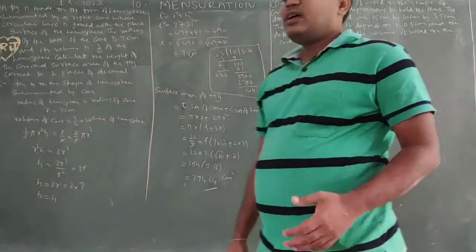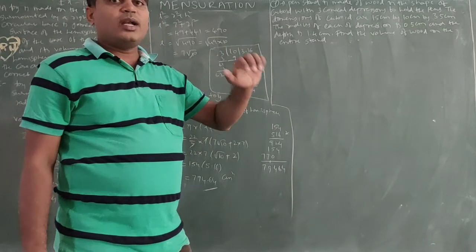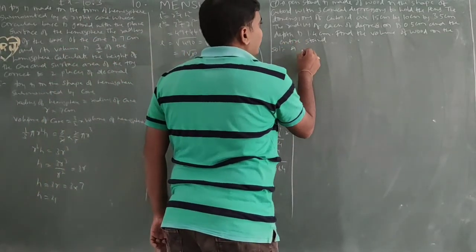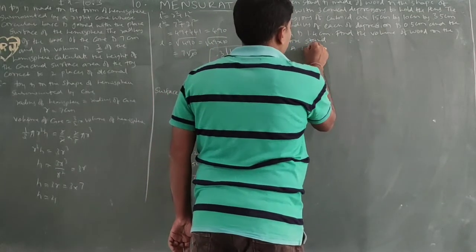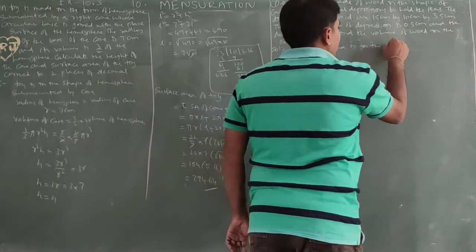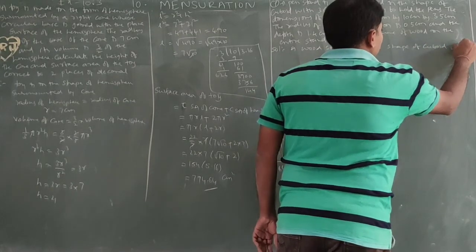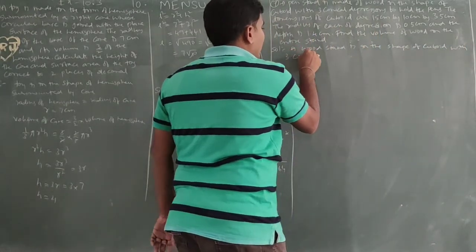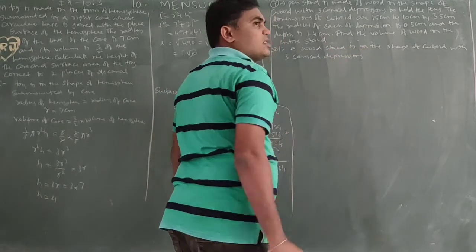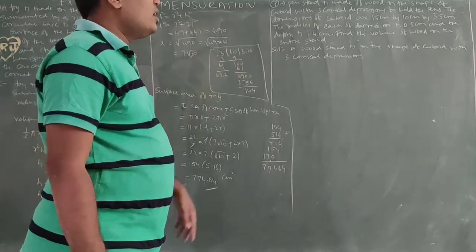Okay, so here is a pen stand, made up of wood, with 3 conical depressions. So solution: a wood stand is in the shape of a cuboid with 3 conical depressions. So the pen stand has a cuboid shape with conical depressions.